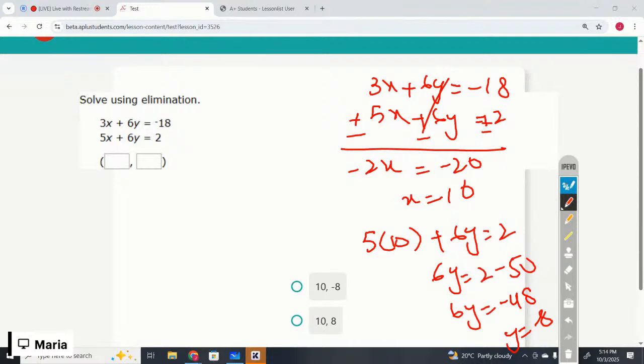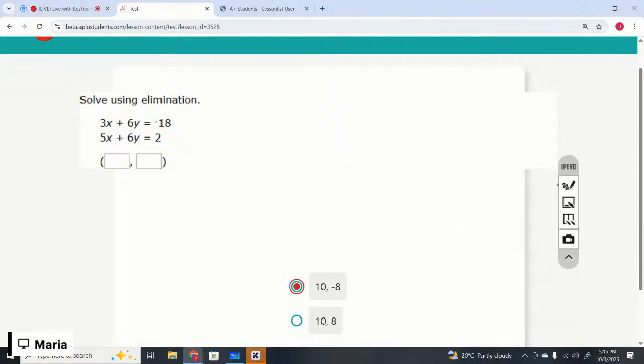So 10 and negative 8. Option number 1 is the correct option.